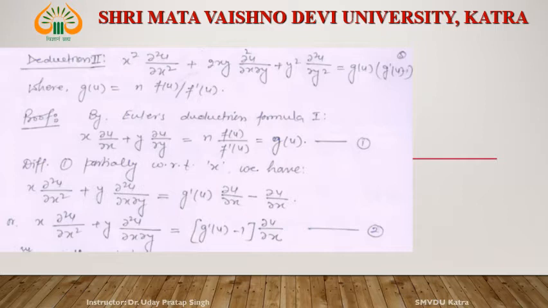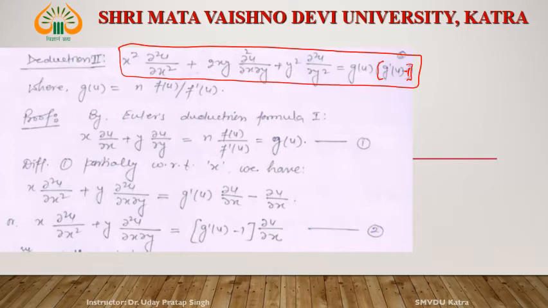Note that I am not saying that u is a homogeneous function of x, y. Now deduction 2: x² ∂²u/∂x² + 2xy ∂²u/∂x∂y + y² ∂²u/∂y² is equal to g(u)(g'(u) - 1). We have to prove this deduction.